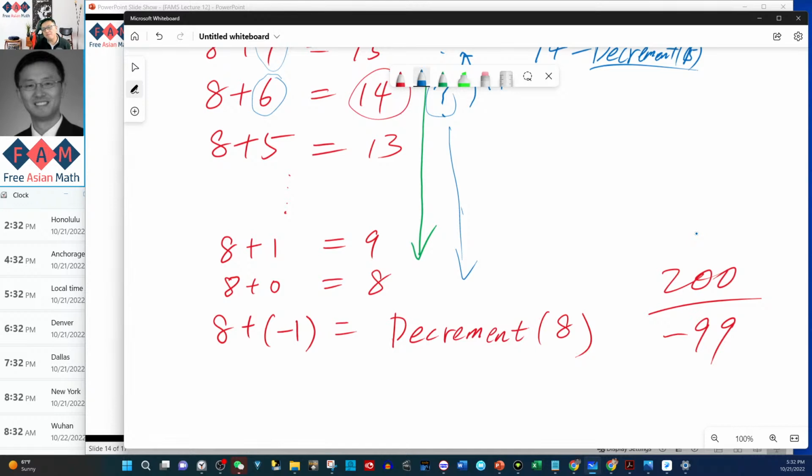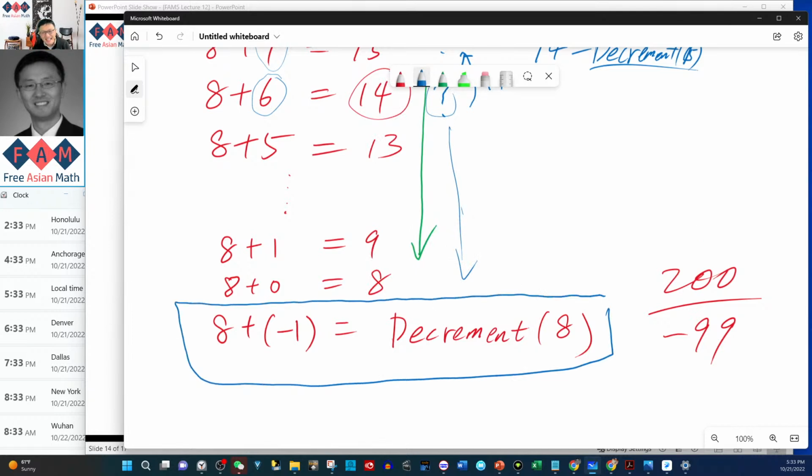So this definition just follows what we should do in order not to break anything, so that we can continue what we already have. In other words, if we define adding a negative number this way, this will be consistent with what we already have for adding a positive integer.